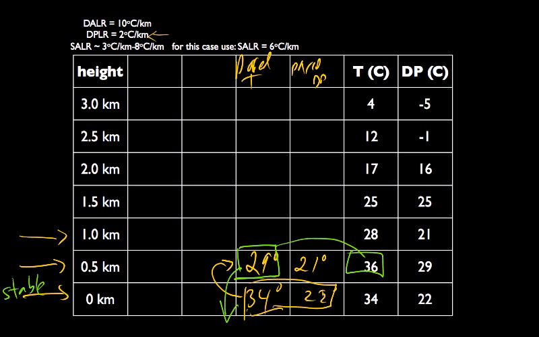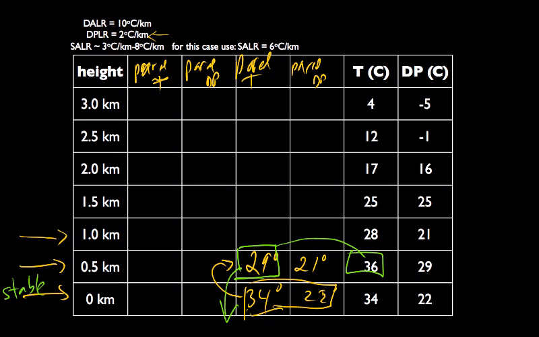Okay, so now we'll do the next layer. I'm going to just move over, just to make it clear. There's no difference in parcel dew point. Okay, so parcel temperature, parcel dew point, but I'm going to start at the half kilometer level, and since I've already written stuff in the half kilometer level, I'll just write it over on this side.